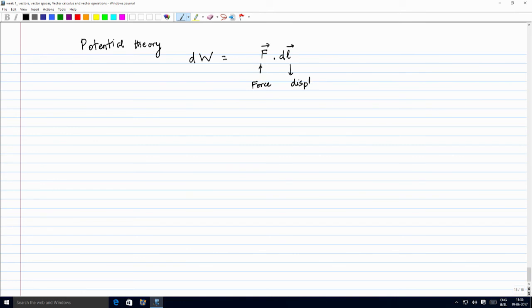And again your work done is actually the integral of F dot dl over some path. So this is a line integral. So, your work is a line integral, and you can ask the question, when is this line integral independent of path? So, when is W independent of path?